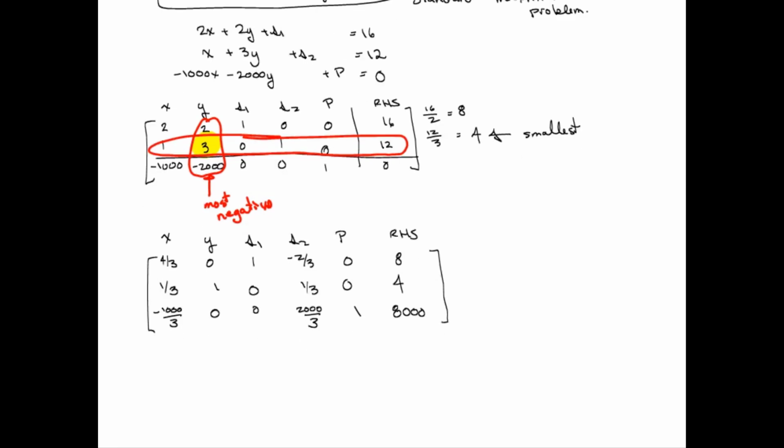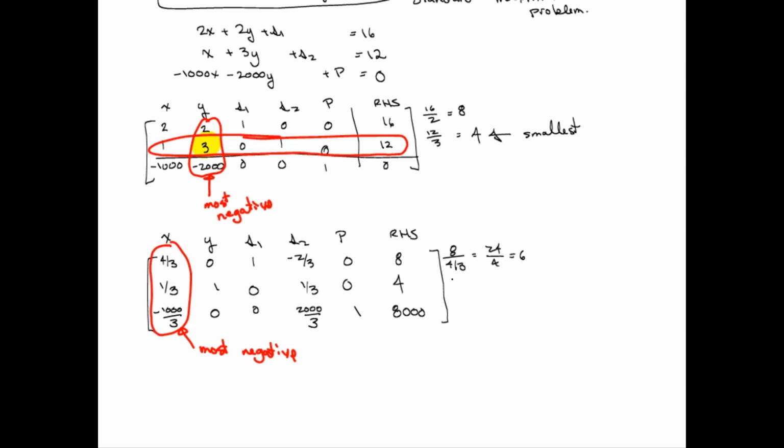Okay, now we need to do another pivot because we still have at least one negative on the bottom row. So here is our most negative, and in fact our only negative this time. So that tells us that this first column is our pivot column. Then we calculate our quotients. So first row we have 8 divided by 4/3, which is 24/4, which is 6.